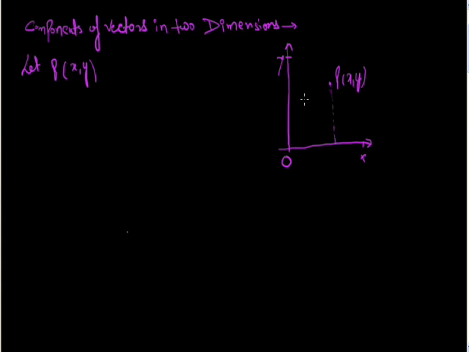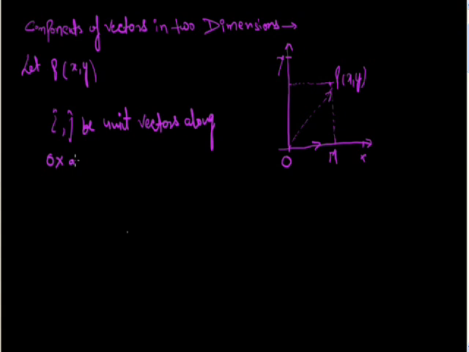Now draw a perpendicular on the x-axis and a perpendicular on the y-axis. Now join O to P. Let the foot of the perpendicular be point M. Now let i cap and j cap be unit vectors along OX and OY.